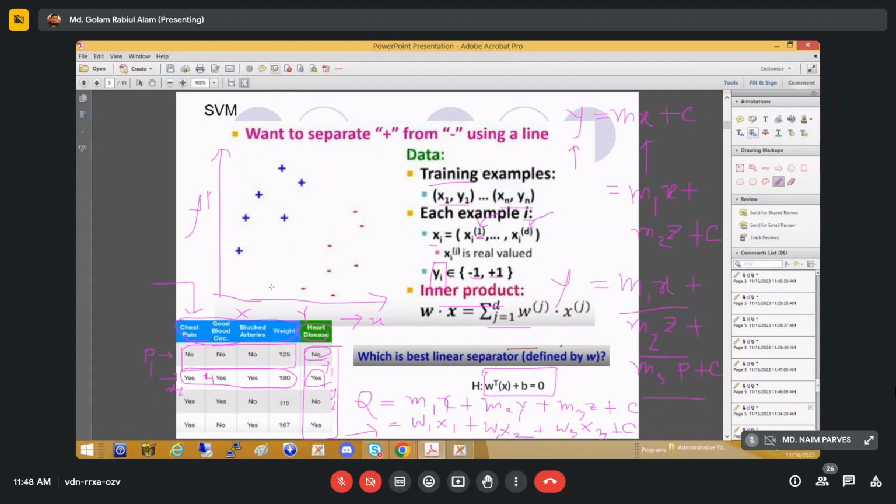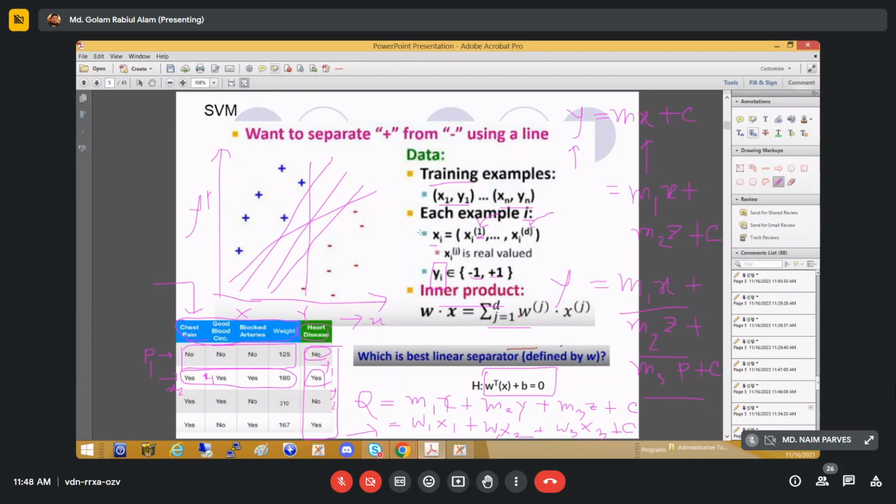In that case, we have to draw a line. We can put a line this way, that way, here, there. So several lines we can draw differently.